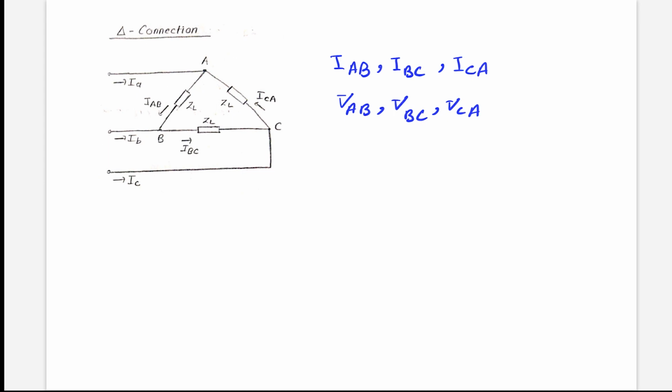Under the balanced conditions, the phase currents are equal in magnitude and have 120 degrees phase difference.